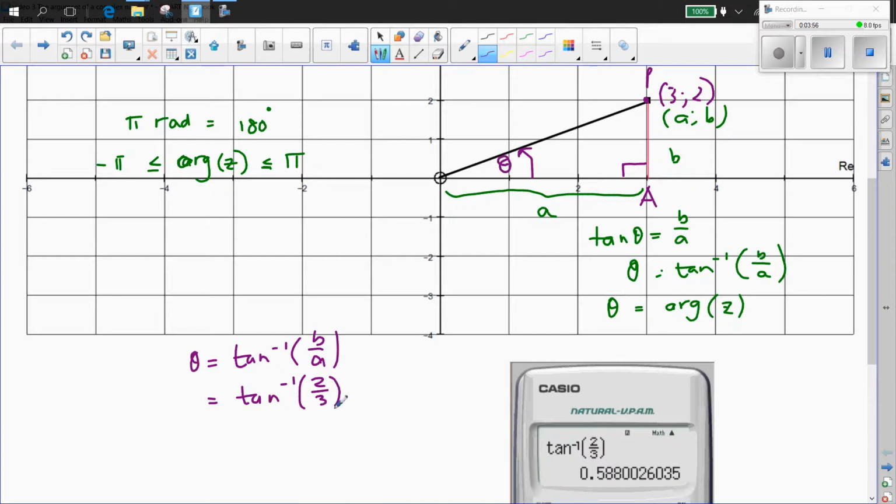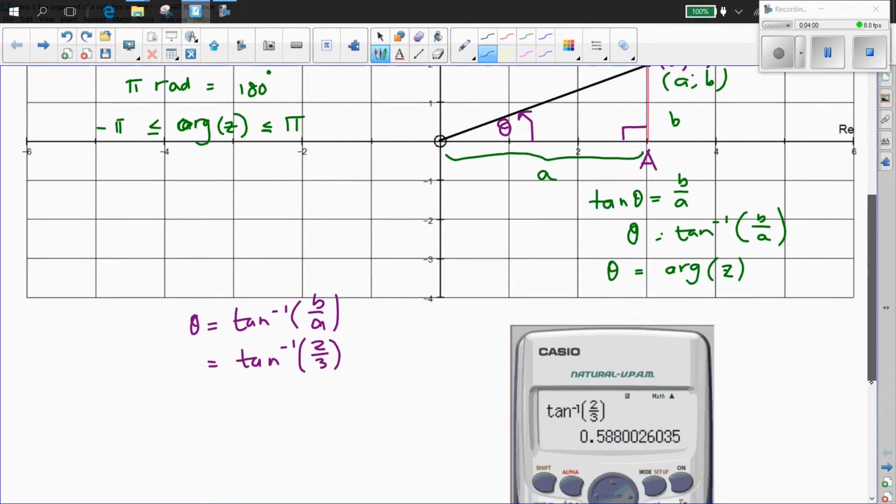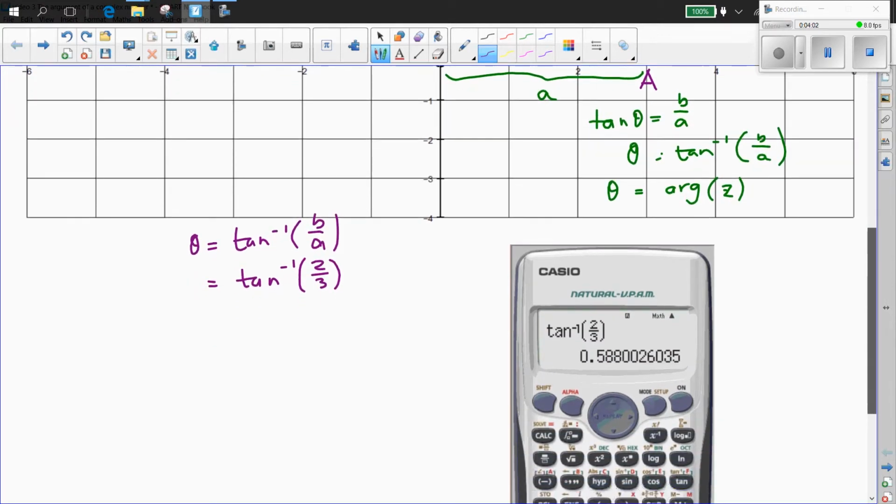So we know that the reference angle is arc tan b over a, arc tan of the absolute values, because my reference angle must be positive.